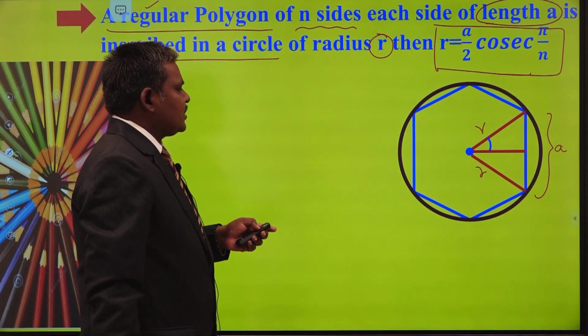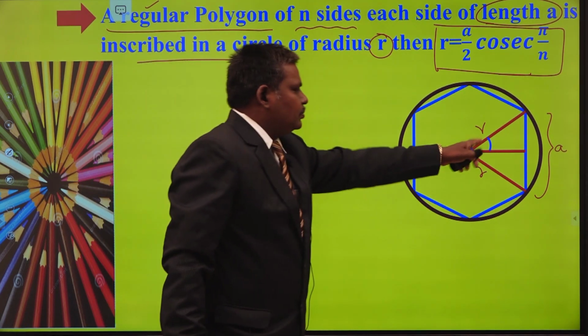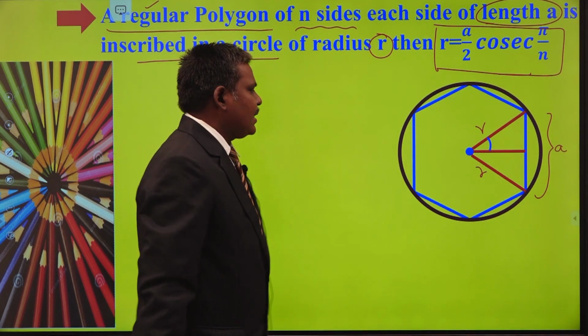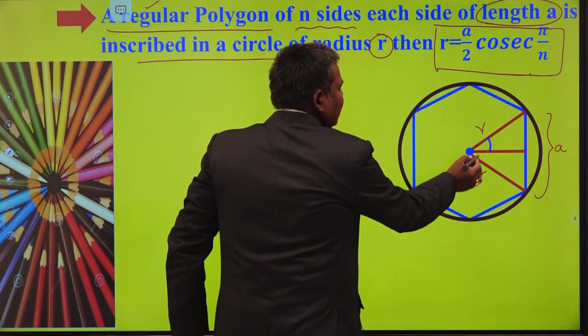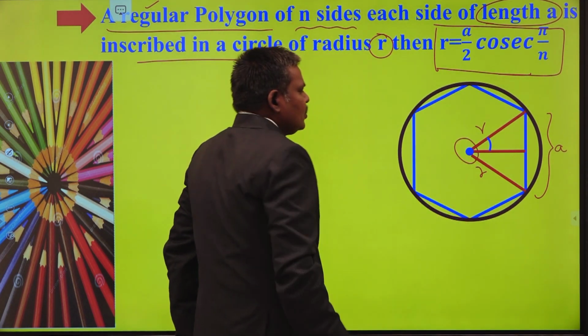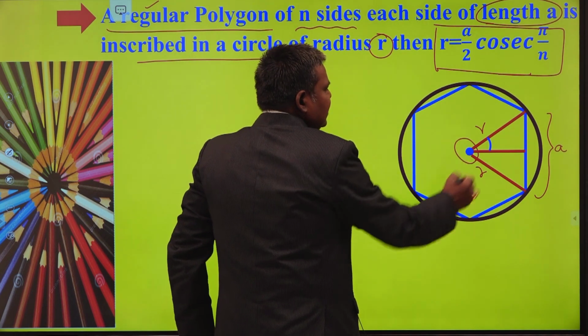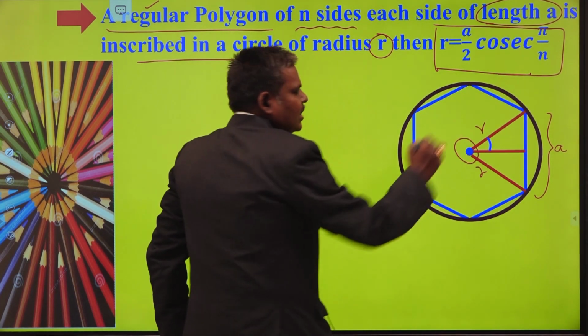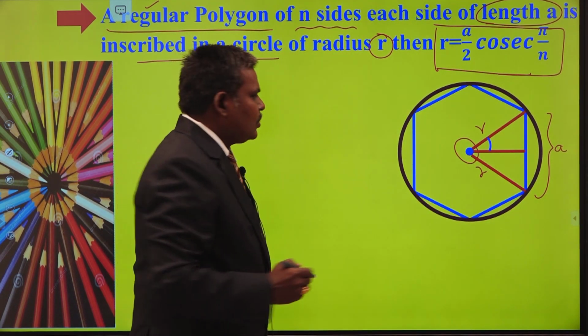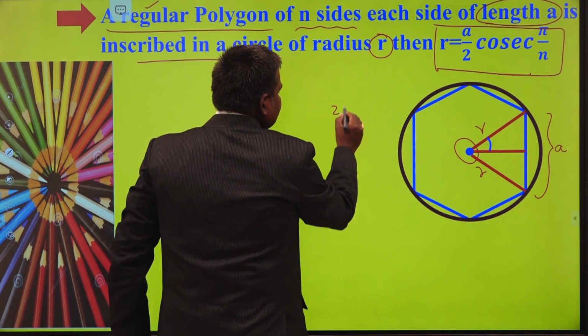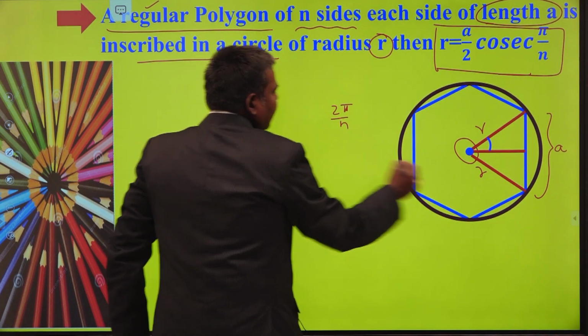Okay. Next, what is the angle now? My question is, what is the angle? The entire angle is what? 360 degrees. So this 360 degrees is divided into n equal parts because you have n sides. So 2 pi by n is the angle made by this one.